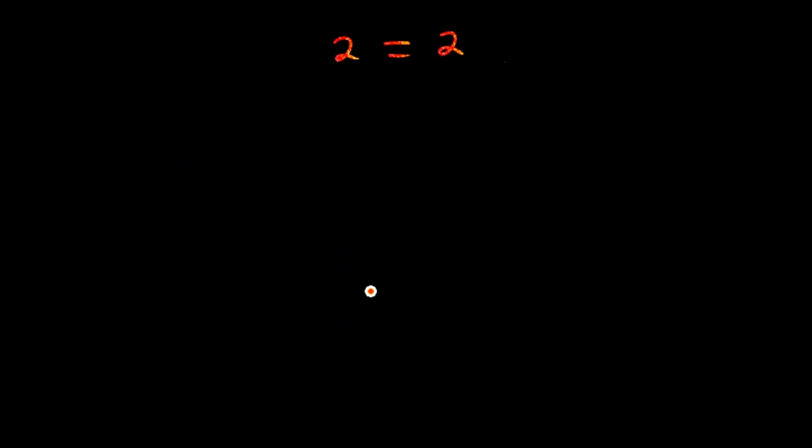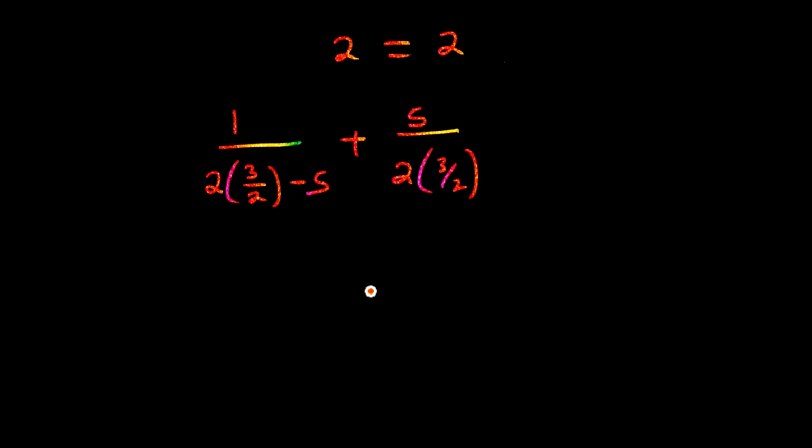So we have 1 over 2x. So x is 3 over 2, now minus 5 as in the first case, plus 5 over 2x, that is 2 times 3 over 2, minus 1, and we check if that will give us 2.